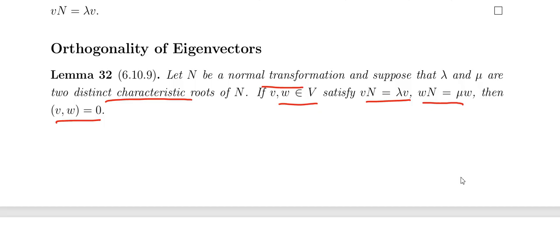So N is a normal transformation, lambda and mu are two distinct characteristic roots of N, V and W are elements of the vector space, with Vn equal to lambda V and Wn equal to mu W. That is the characteristic equation. Then the inner product of V comma W should be equal to 0. That is a very important theorem, lemma.